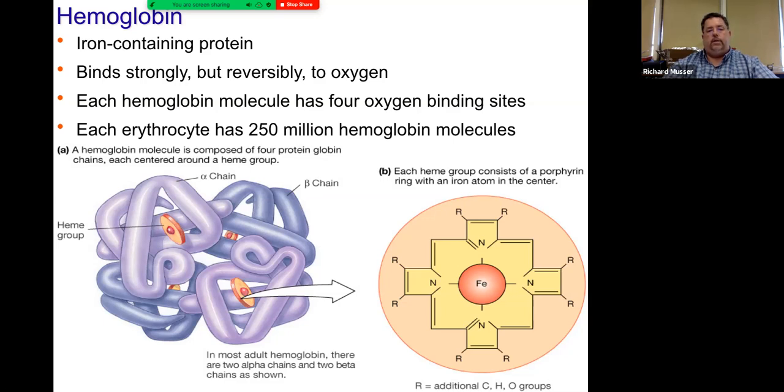So each complete hemoglobin has 4 iron subunits, 4 separate hemes that stick together. And if I remember right, as mentioned above, each erythrocyte has 250 million hemoglobins, more or less. So you're talking over 1 billion sites to hold on to oxygen.